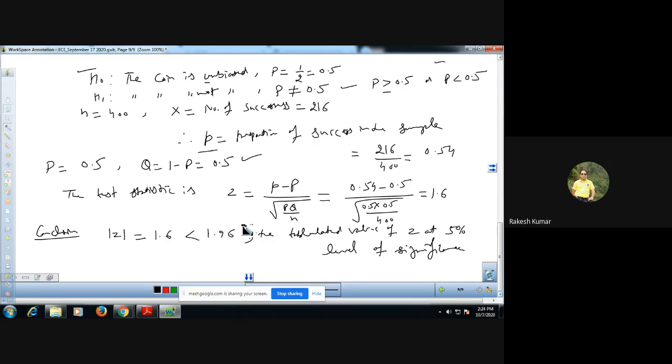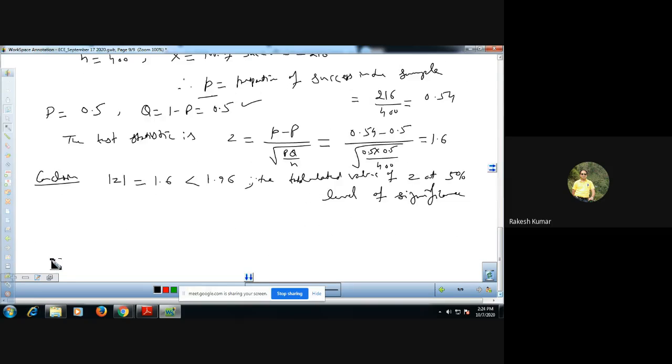And one more thing, this is the calculated value and this is the table value. If the calculated value is less than the table value, then in that case the null hypothesis is accepted. H0 is accepted, and H0 accepted means the coin is unbiased.